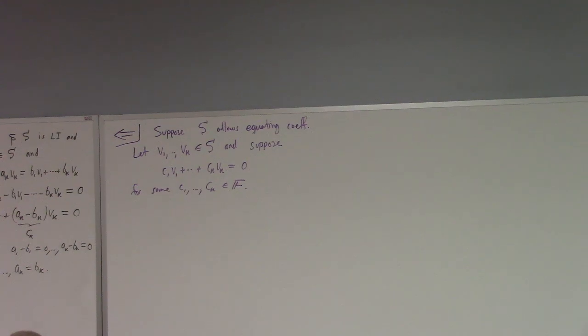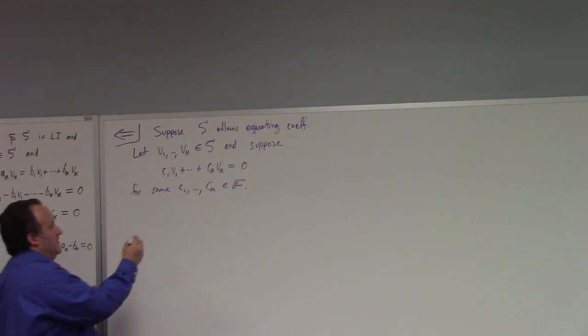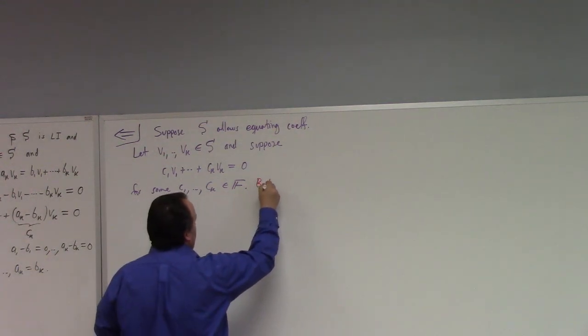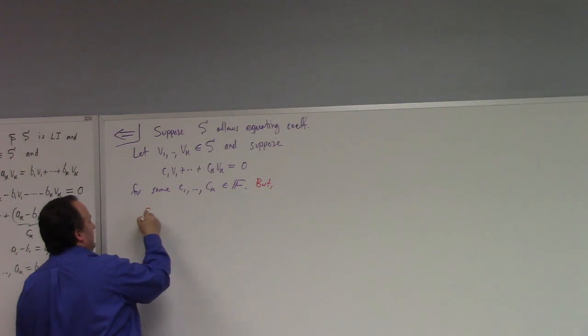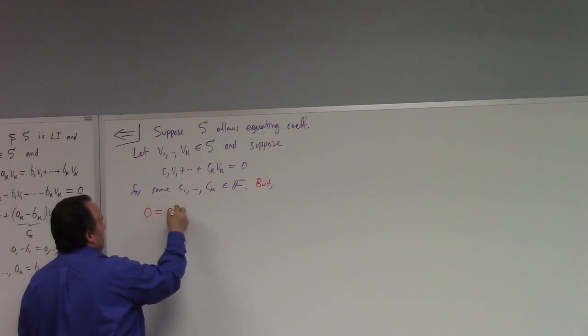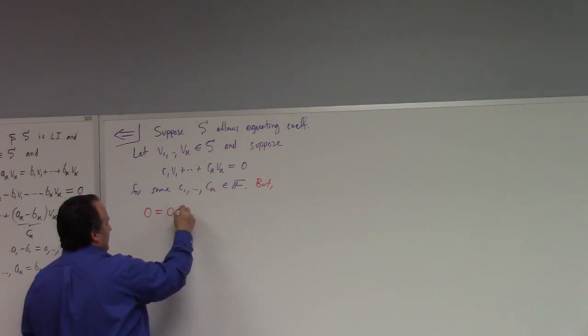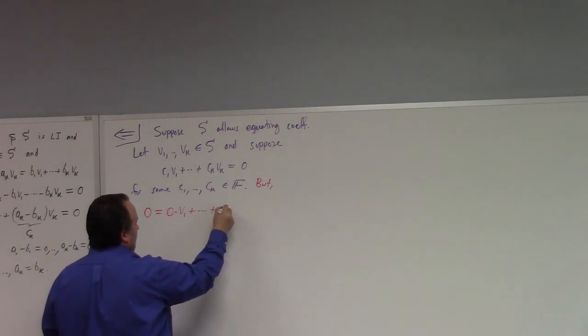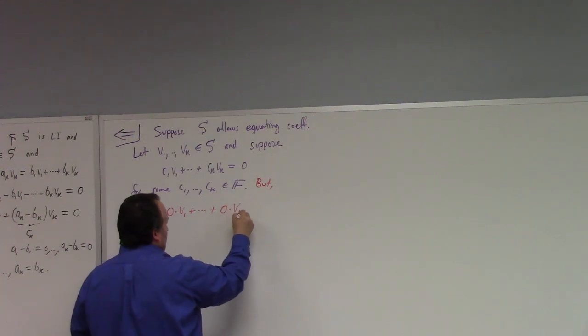What do we have? We're assuming the equating coefficients property, right? So we need to find some way to equate coefficients. How about this? Note that 0 is equal to 0 times V1 plus ... plus 0 times VK, right?